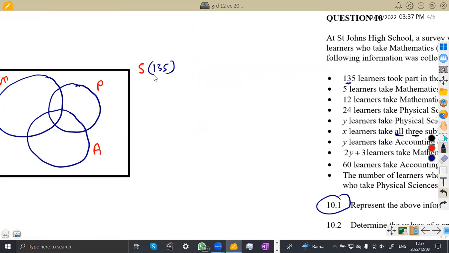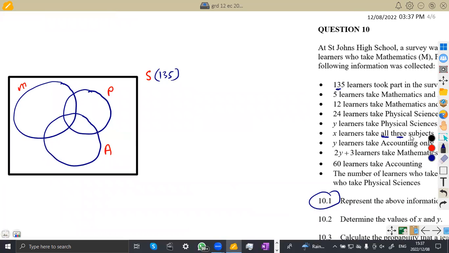It is easier for you to write those elements which are given directly. Also, for all the 3, you are told that it's X. X learners take all 3 subjects, so we are going to have X in the intersection of all 3.